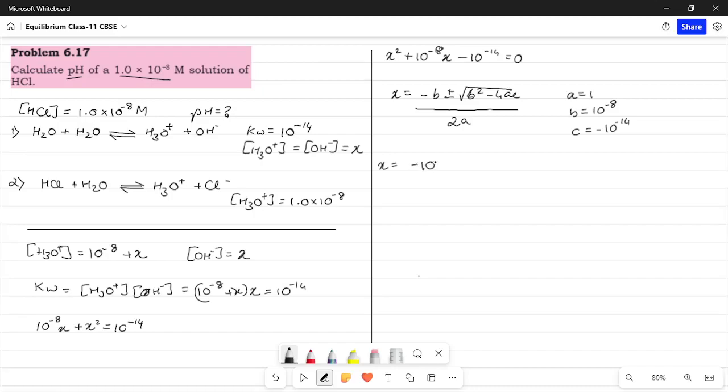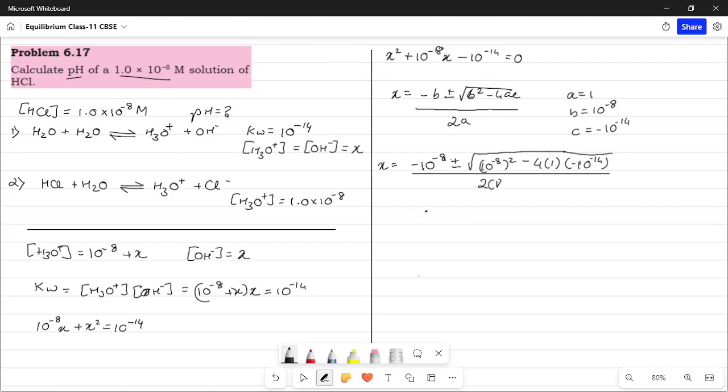So let's start substituting: minus 10 to the power minus 8 plus or minus root over b square, 10 to the power minus 8 square, minus 4a, which is 1, into minus 10 to the power minus 14. Now this whole thing is divided by 2 into 1.